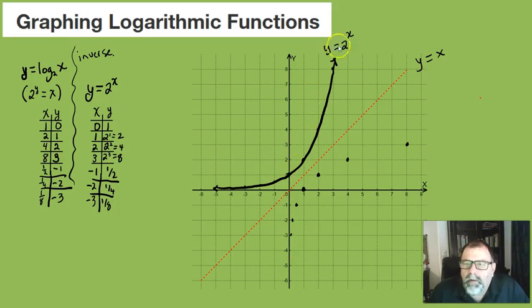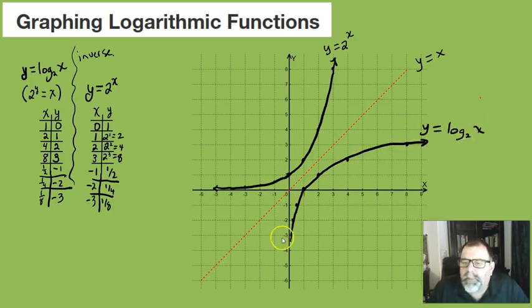Now on the exponential function we have a horizontal asymptote, and for the log function we're going to have a vertical asymptote, right? So it switches. Okay, so this is our y equals log base 2 of x.